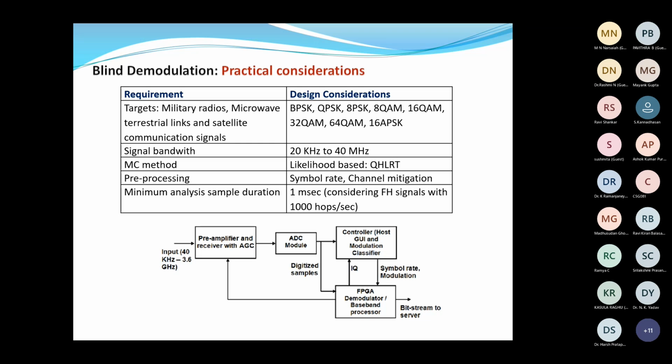Now below is the hardware platform. We have the input signal for the front end from 40 kilohertz to 3.6 gigahertz, with preamplification and AGC stages. Then we have the digitization stage. From the digitization, we have the FPGA, where the implementation of demodulation is done in the FPGA block. From there, we derive the baseband IQ samples, which are employed for modulation classification and other pre-processing estimates.